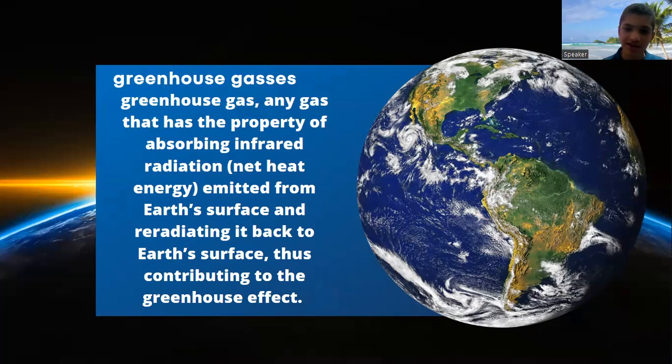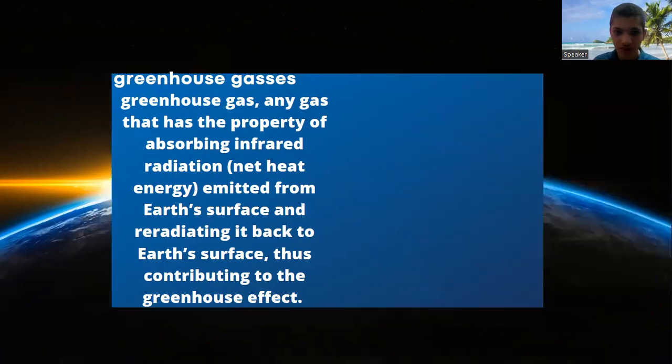For example, greenhouse gases like CO2, methane, or SO4, as I said, will go to the ozone layer and be trapped there, and the heat that comes from the earth going out of the ozone will be reflected by the greenhouse gases to the earth again, and it will cause global warming.